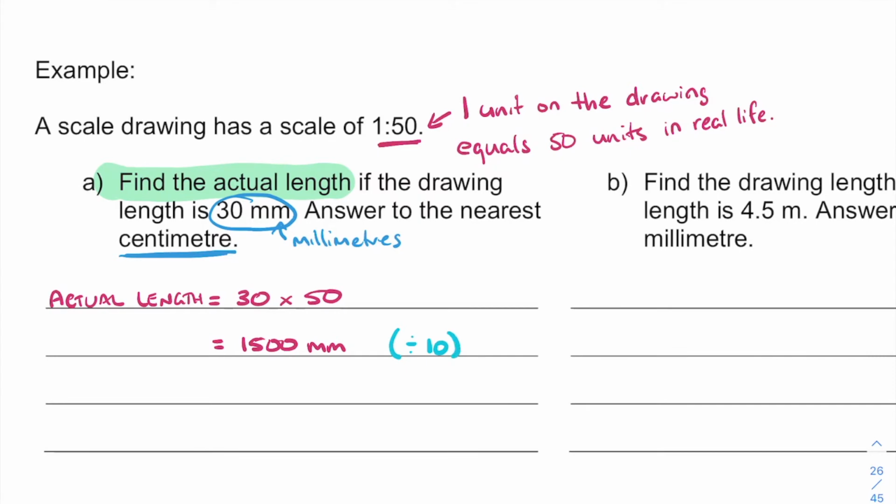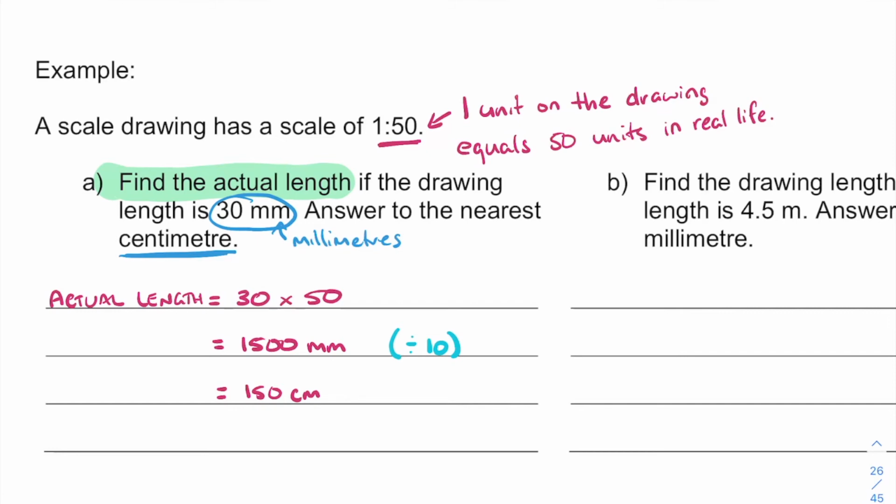So I'm going to divide by 10, and that gets me 150 centimeters. So the actual length of that 30 millimeter section is 150 centimeters. That's going from the drawing to the actual.